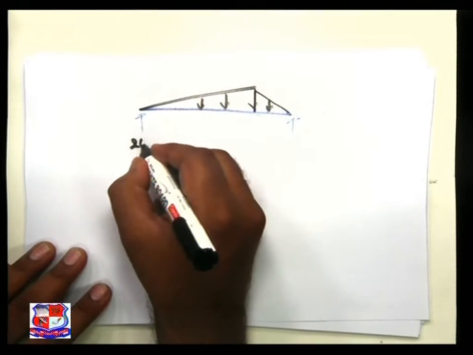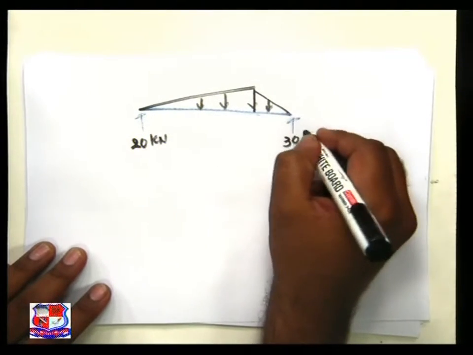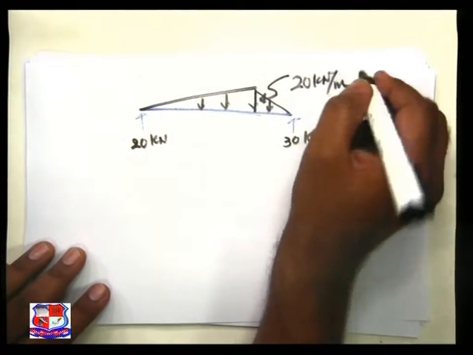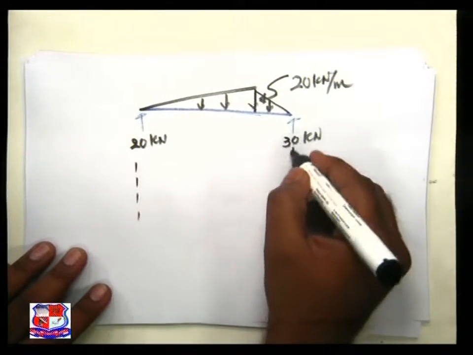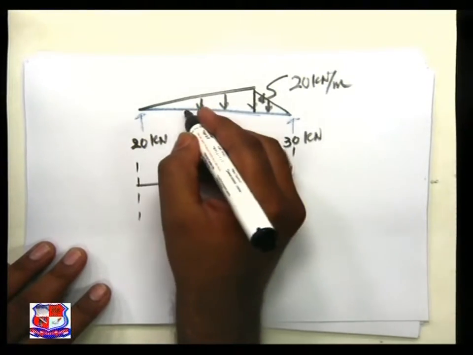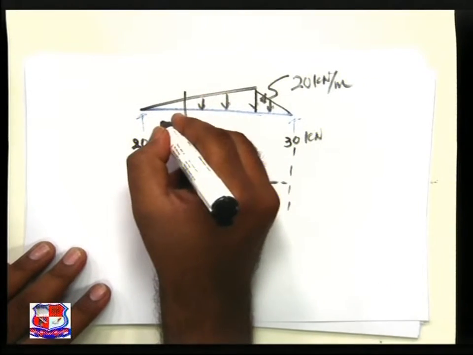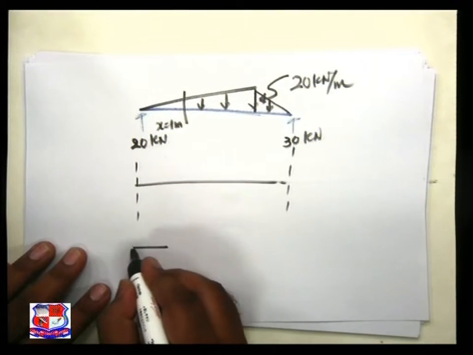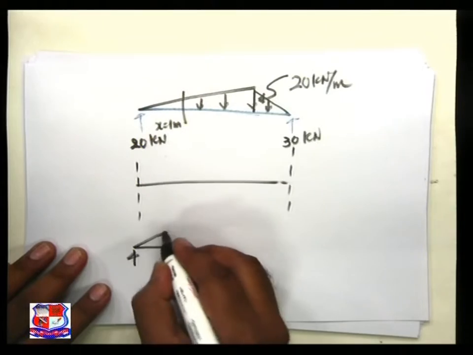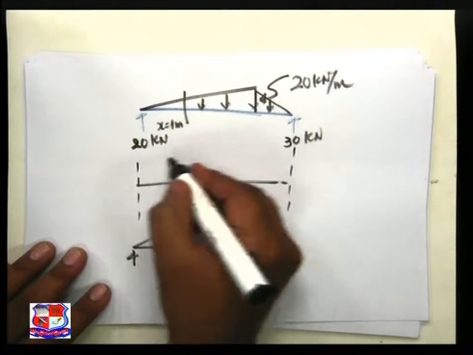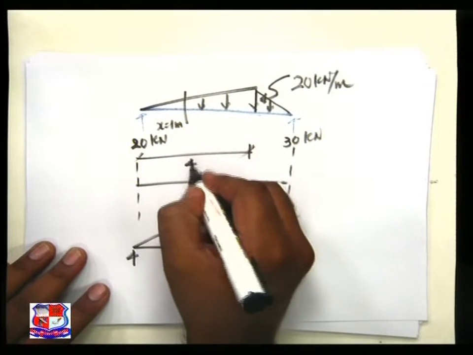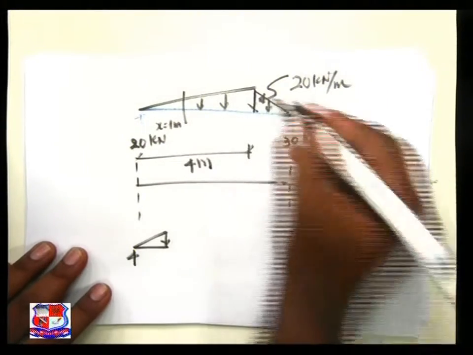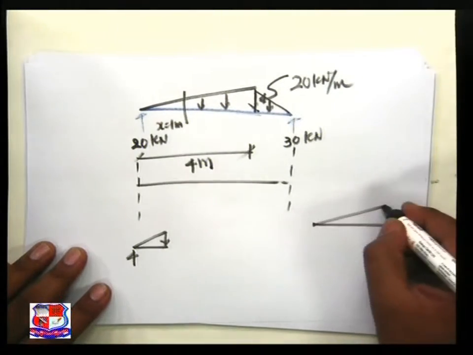This is of 20 kilonewton, this is of 30 kilonewton. Let us find out the shear force at 1 meter, that is x is equal to 1 meter. So our figure looks like this. Now this distance is of 4 meter, this ordinate is of 20, so we will use the logic of a triangle.